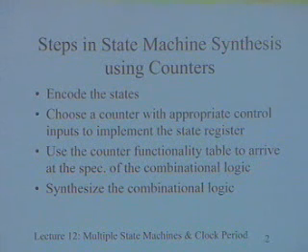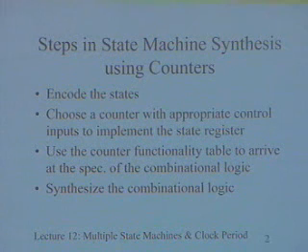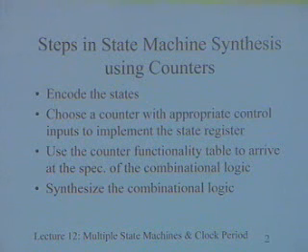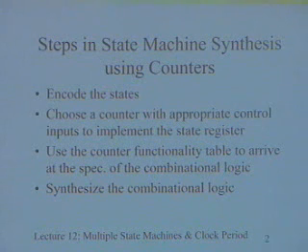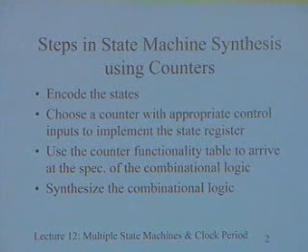Once we have decided that, we also choose a counter with appropriate control inputs to implement the state register. The counter could have inputs like load, enable, even up down, output enable, clear. So we have to choose a counter which has the appropriate set of control inputs. Thirdly, we use the counter functionality table to arrive at the specification of the combination logic.